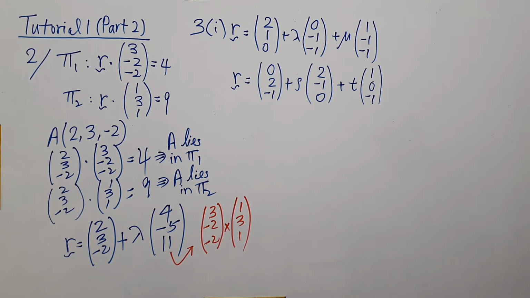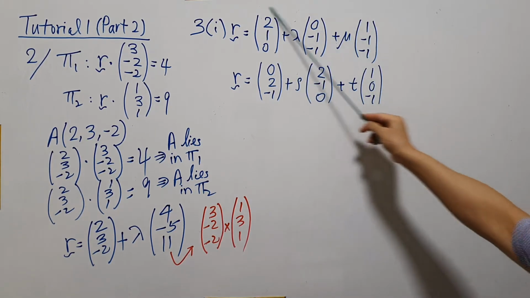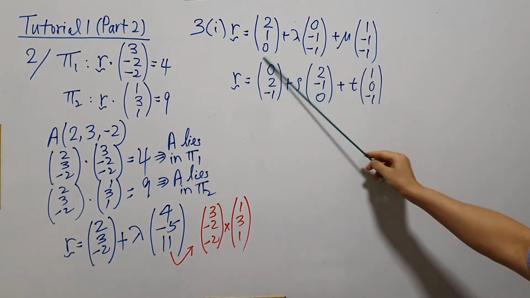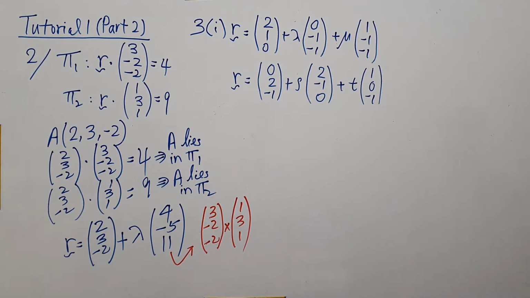So look here, I intend to solve these two equations simultaneously by equating this whole thing to this whole thing. Make no mistake about it, I intend to form three equations, and there are a lot of numbers involved, and I intend to form these equations brute force, no shortcut.